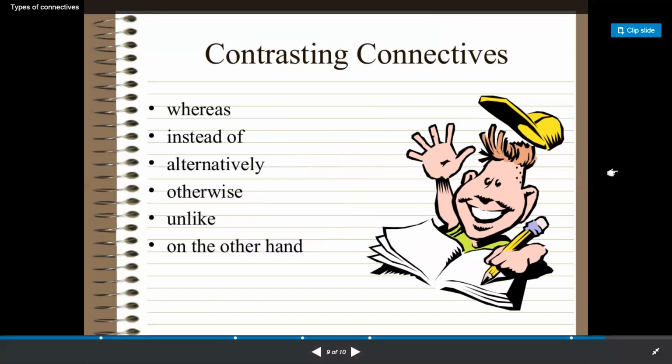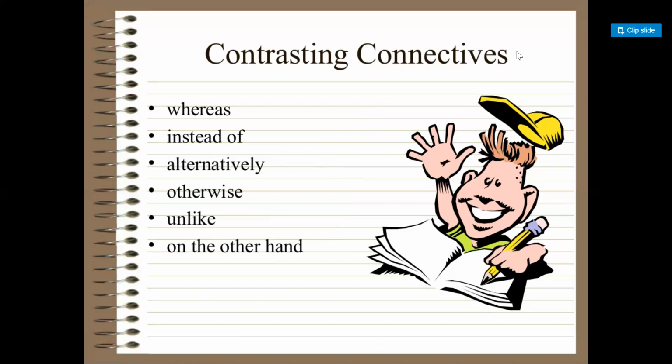Contrasting connectives is the last one. Contrasting means it shows the difference between two ideas. We have some examples such as whereas, instead of, alternatively, otherwise, unlike, on the other hand, but, or however.